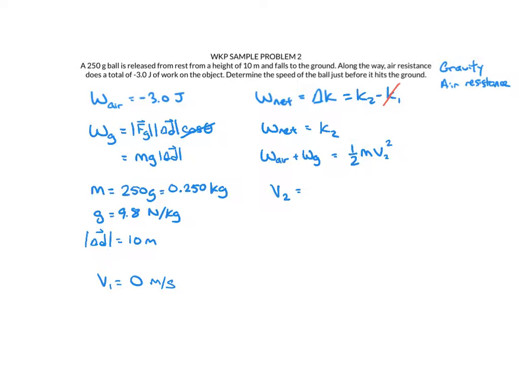That's accomplished by multiplying both sides by 2, dividing both sides by mass, and then square rooting both sides.